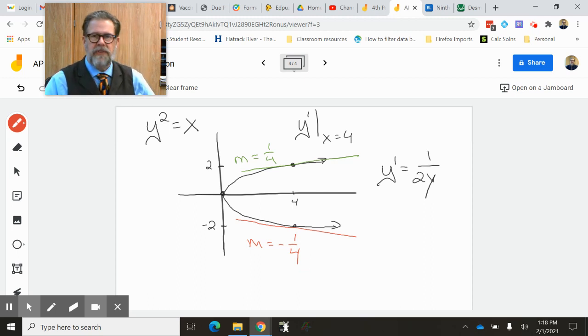And that actually makes sense. The slope of this function doesn't depend on where I am in the x value, because that gives me 2 possibilities. It depends on where I am in the y value. If I am up here, then I've got a positive slope of the tangent line, and if I'm down here, I've got a negative slope of the tangent.